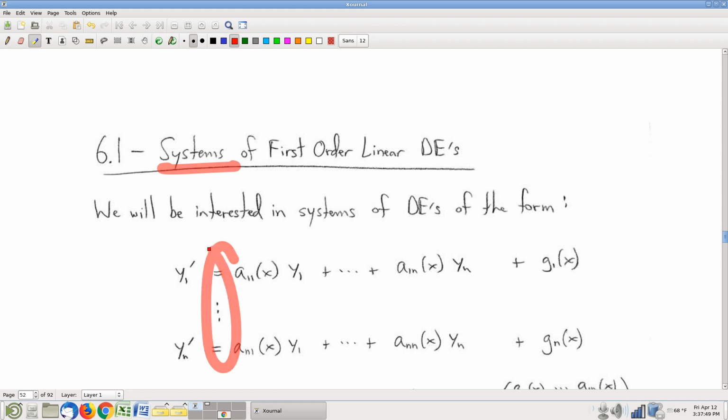System, because there's a bunch of equations. First order, because there's only first derivatives, no second derivatives or any higher derivatives. Well, that's nice, right? Fairly harmless looking, just first order derivatives. And linear, why are these linear?